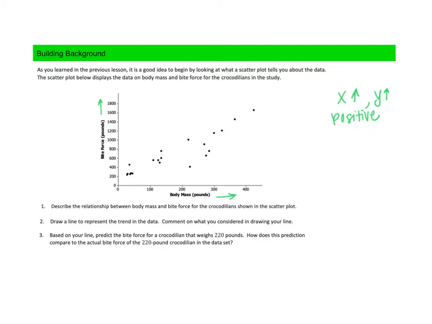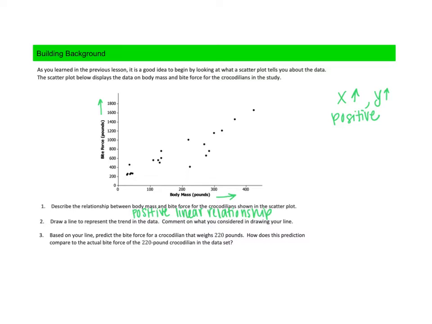Okay, and also looking at this data, I can see that it does form pretty much a line. It is going upward in this linear pattern. So this is a positive linear relationship. Okay, please make sure you write that down.